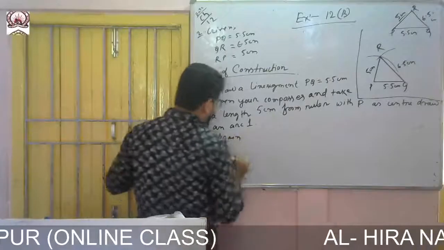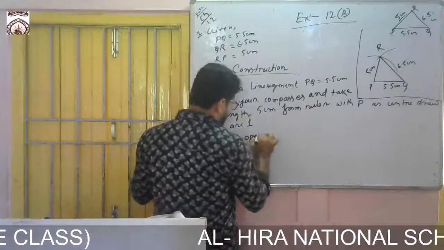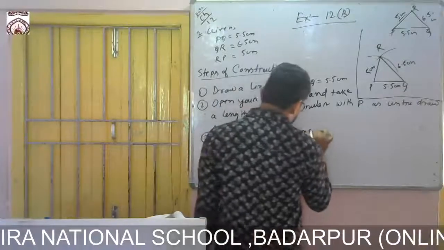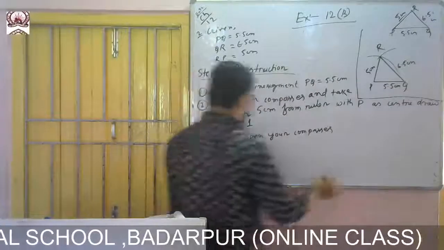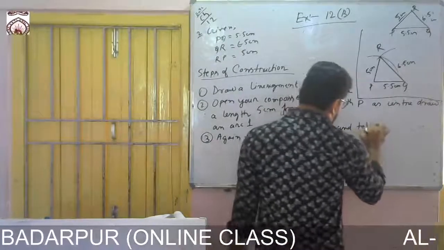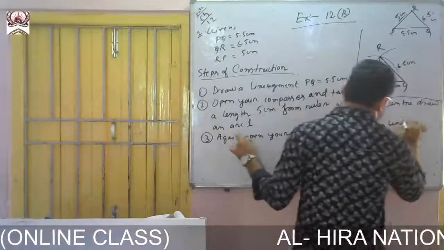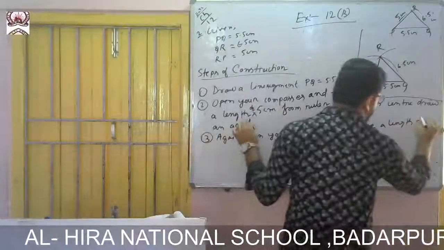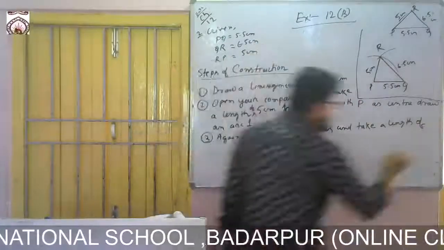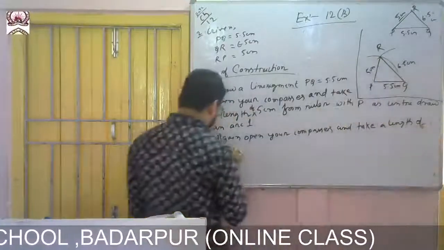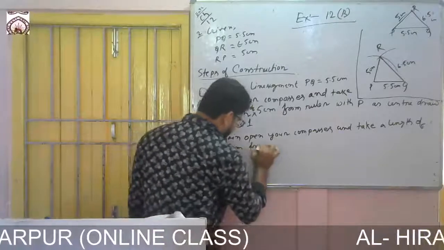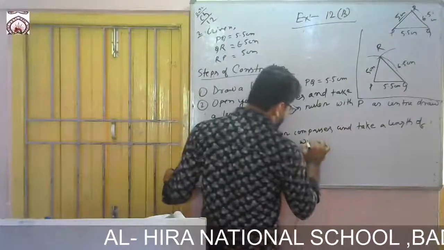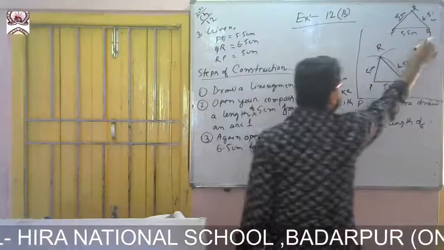Again open your compasses and take a length of 6.5 centimeter from the ruler.